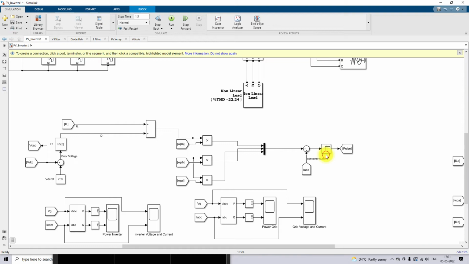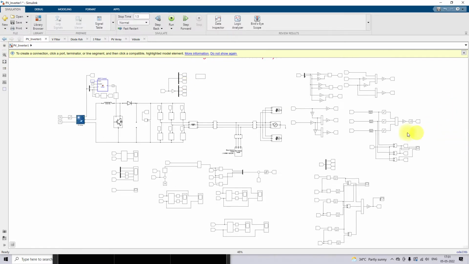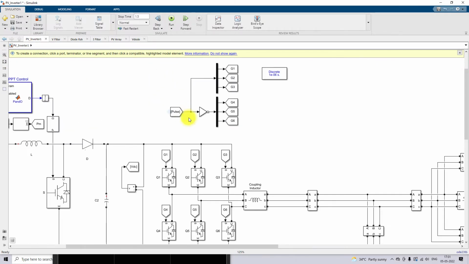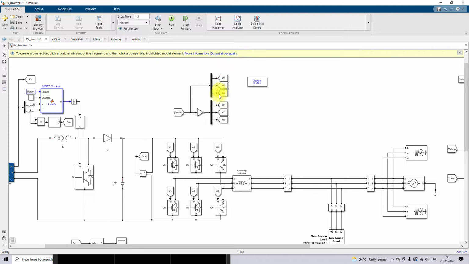And then it will be processed via a hysteresis controller. This hysteresis controller will generate the pulses. So here we are getting 3 pulses, and from those 3 pulses we have to generate 6 pulses by taking the inversion of these pulses. Okay, and then it will be given to this inverter.